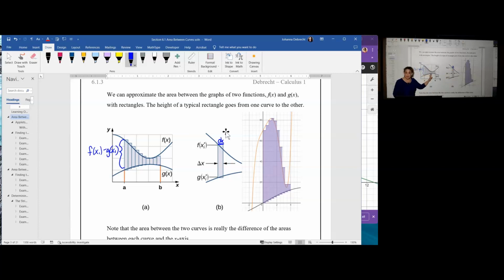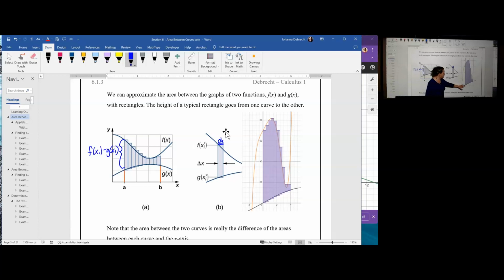And then you know what we're going to do. It's a Riemann sum. We add them all up from the left to the right, and then take the limit as the number of rectangles or strips goes to infinity, which is the same as saying that the width of each strip goes to 0. This gives us the limit of a Riemann sum, which is a definite integral. And the interval over which we're integrating is from a to b.